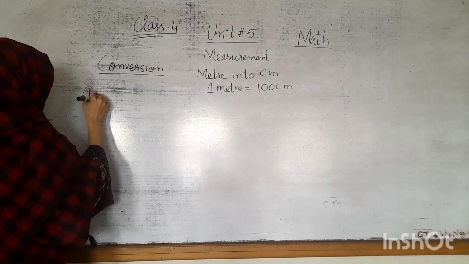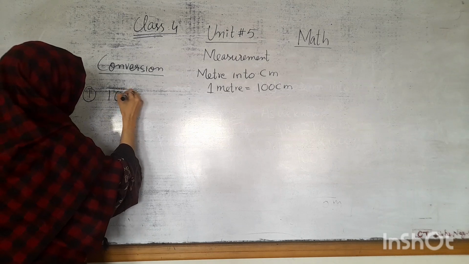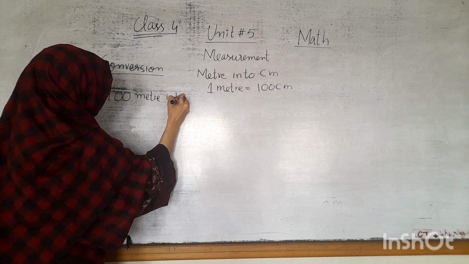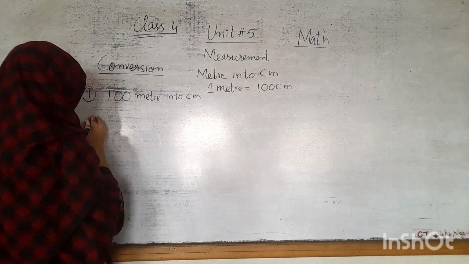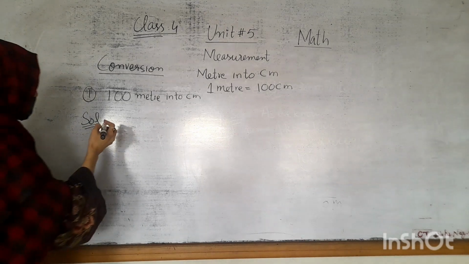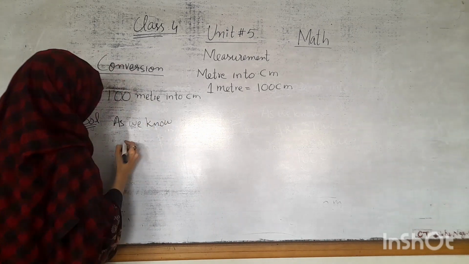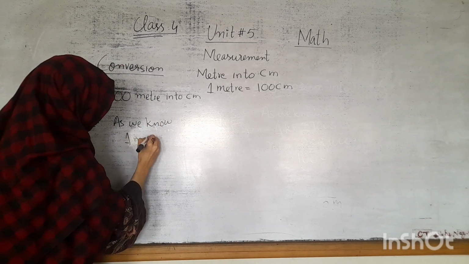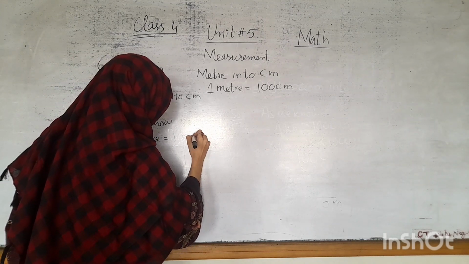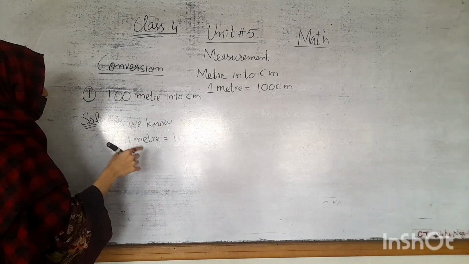So our first question is we convert 100 meter into centimeter. As we know, 1 meter is equal to 100 centimeter, and if we convert 100 meter into centimeter, then we simply multiply with 100.